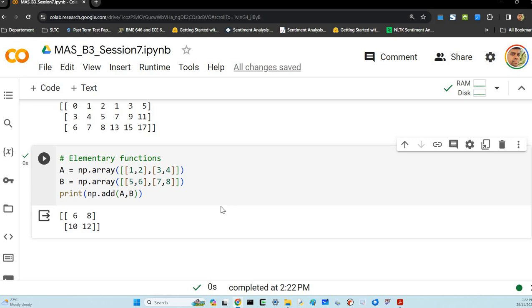So we have 1, 2, 3, 4 in matrix A, 5, 6, 7, 8 in matrix B. When you say add, what will happen? 1 is added to 5, that is 6. 2 is added to 6, it's 8. 3 is added to 7, it's 10. 4 is added to 8, it's 12, right?